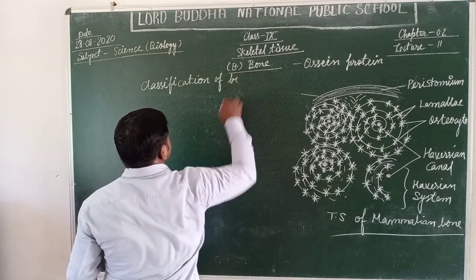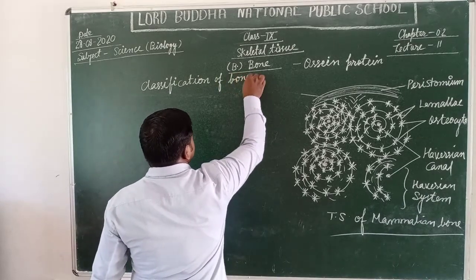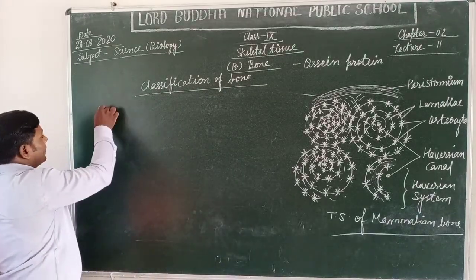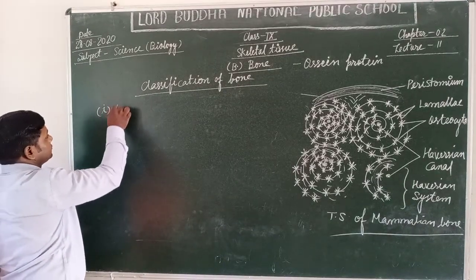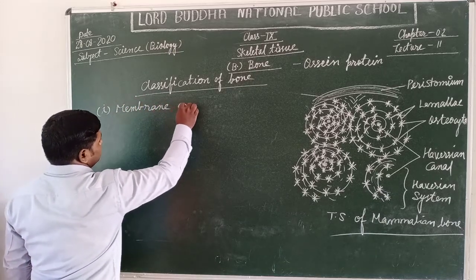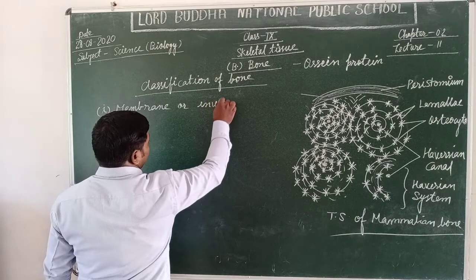What are these? The first one is membrane or investing bone.